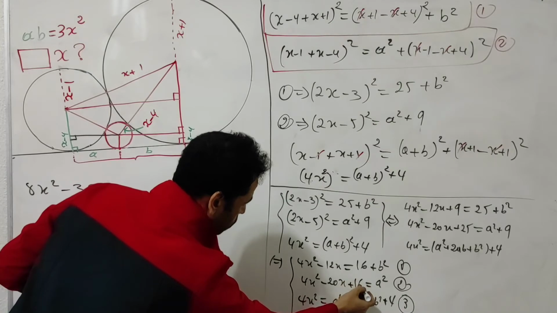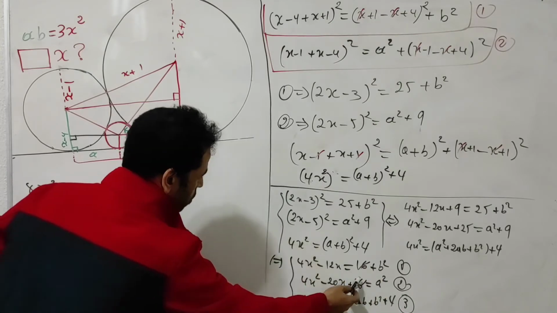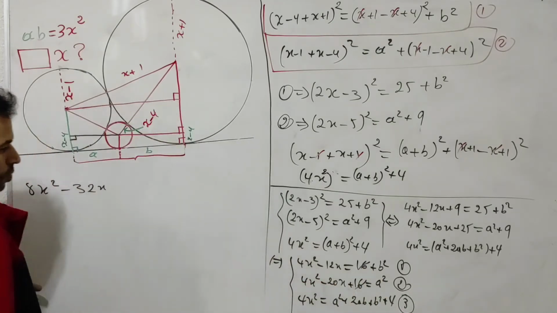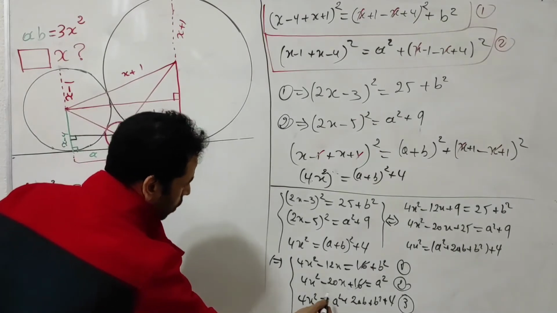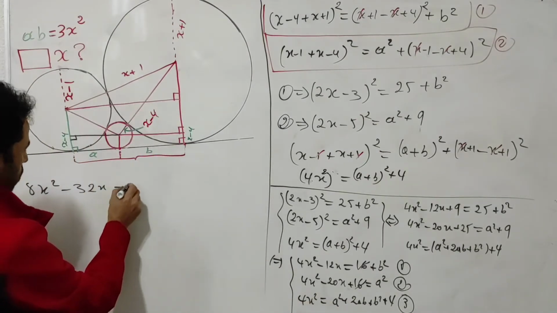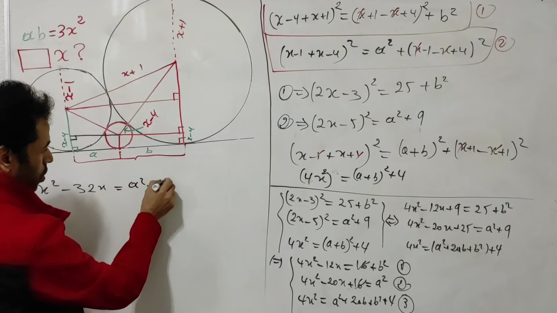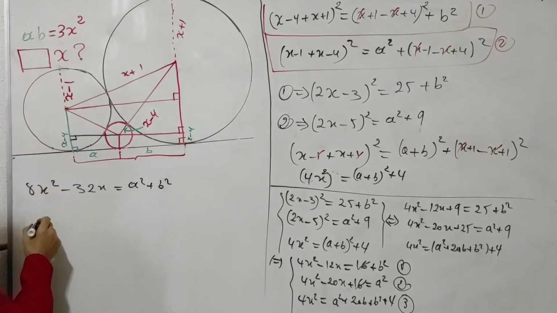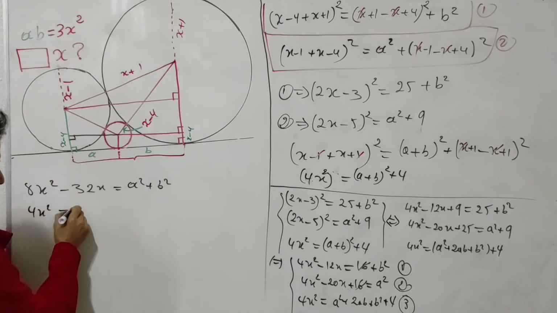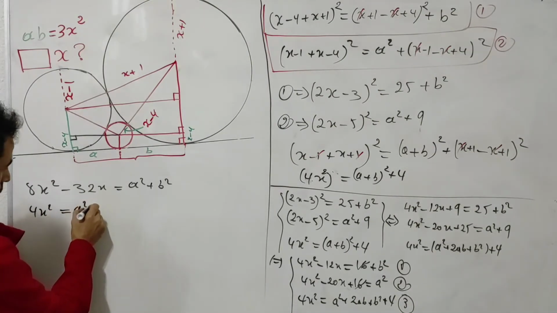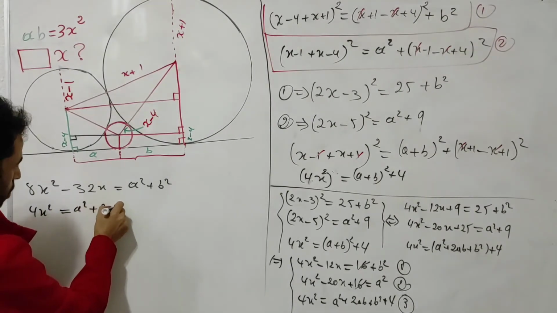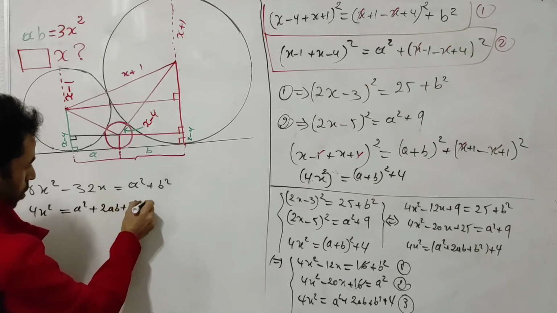The 16s will be cancelled out from both equations, and I will get equal to a squared plus b squared. The third equation, I get 4x squared equal to a squared plus 2 times ab plus b squared plus 4.